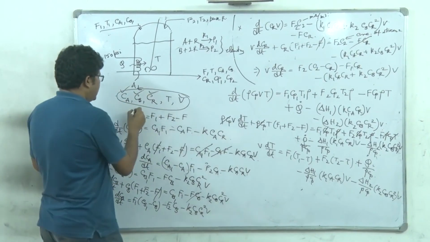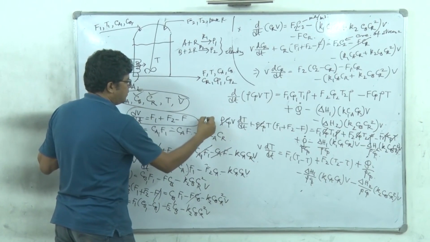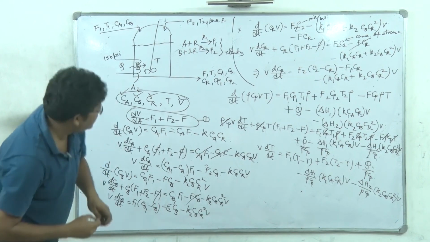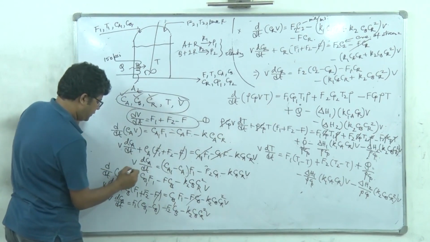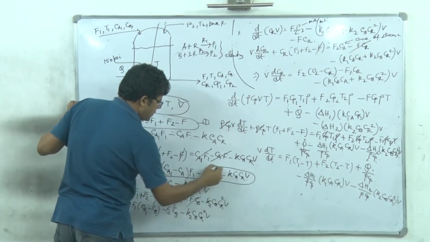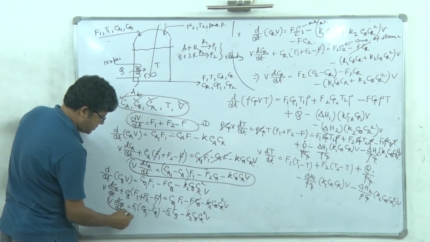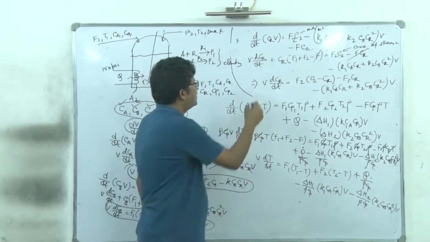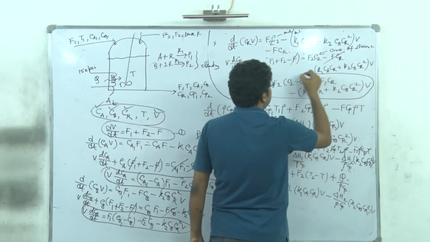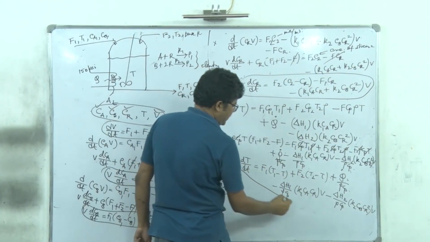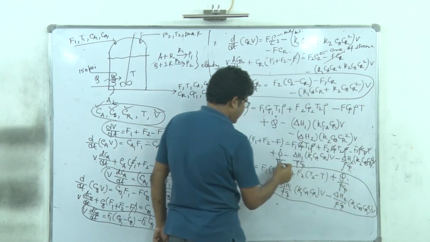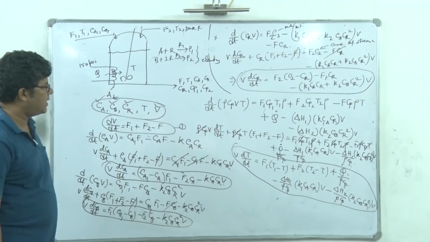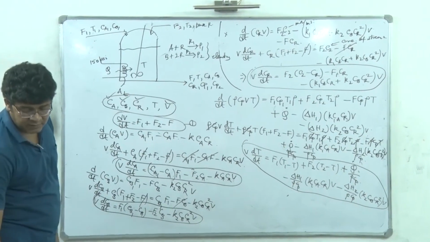So this is equation 1, this is the first equation, and this is the second, balance for A, this is the third for B, this is fourth for C, and finally this is fifth for temperature. And we have 1, 2, 3, 4 and 5 variables. So 5 equations, we have to solve them simultaneously.